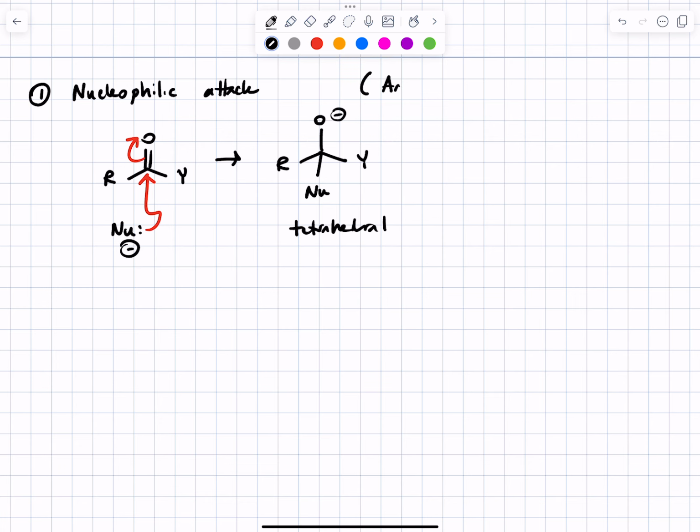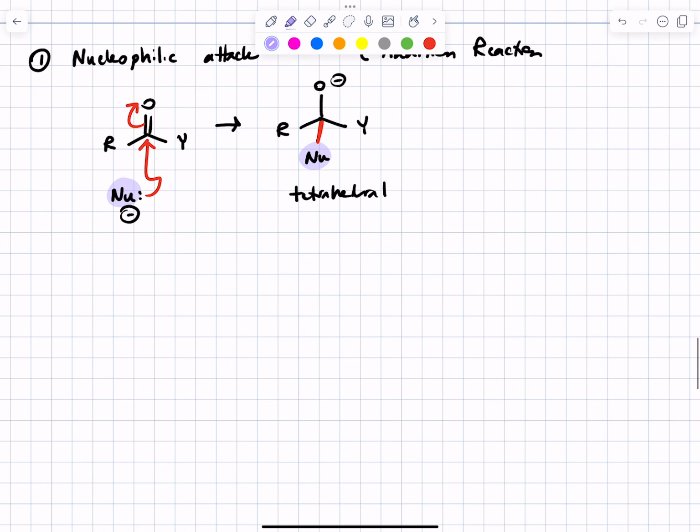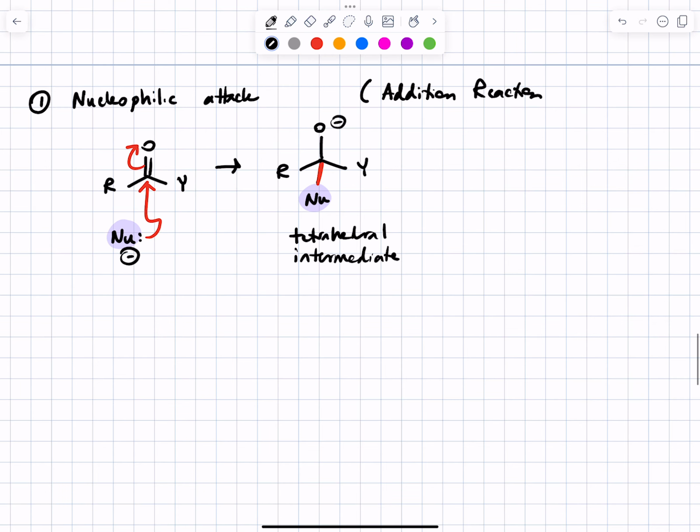In effect, this is an addition reaction. An addition reaction is one where we add something to the molecule. What gets added? The nucleophile. Okay? Now, we've called this molecule a tetrahedral intermediate because it used to be sp2 hybridized.